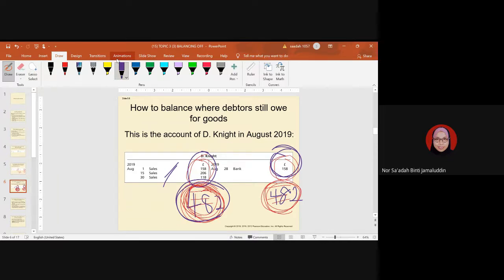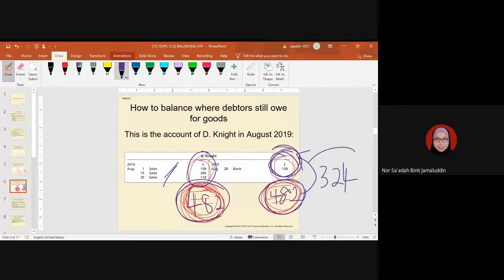But in the credit side, here 482, but we just have 158. So, the difference between this amount, you should take your calculator and calculate what are the differences between 482 with 158. We will get 324.